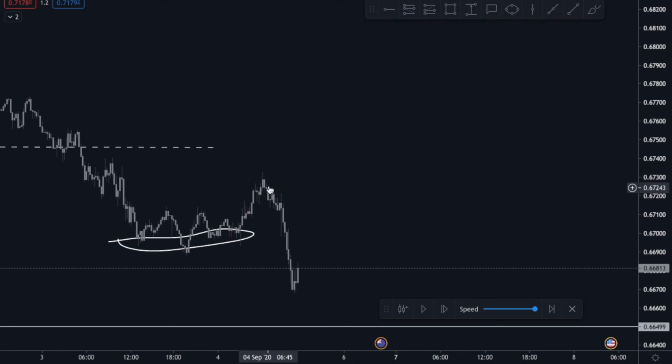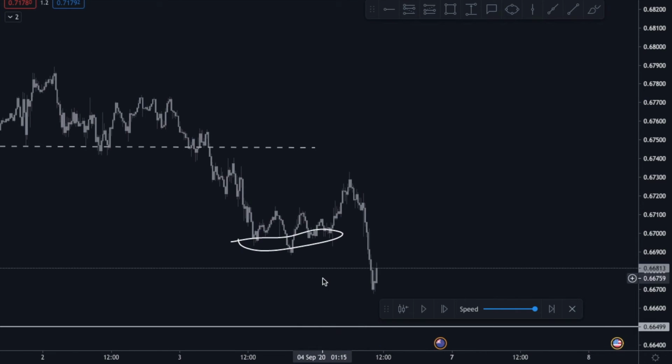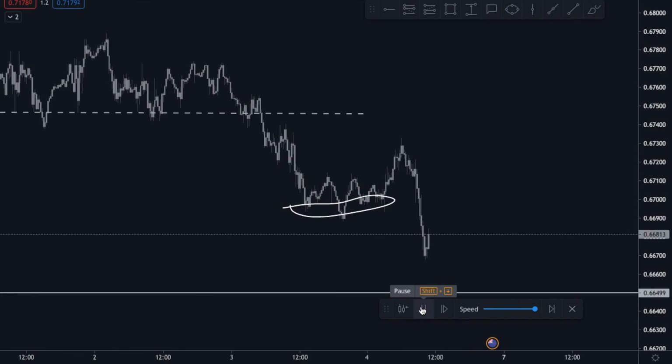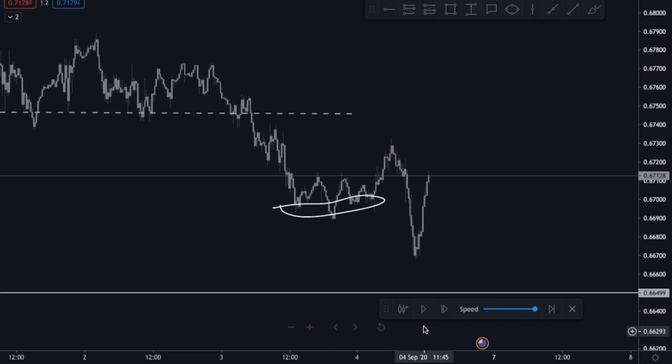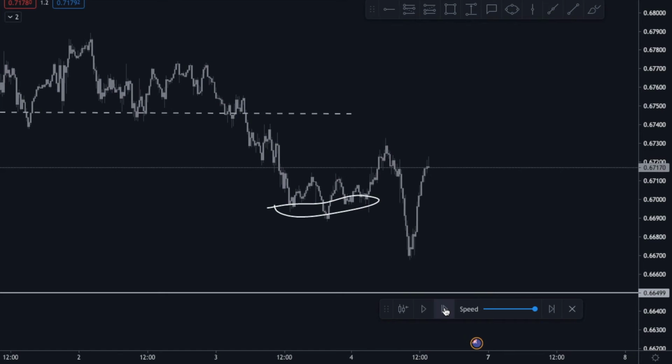Price came back up, but then price came right back down very bearishly. But it is very encouraging that although it did come down very aggressively, it's coming back up just as aggressively.